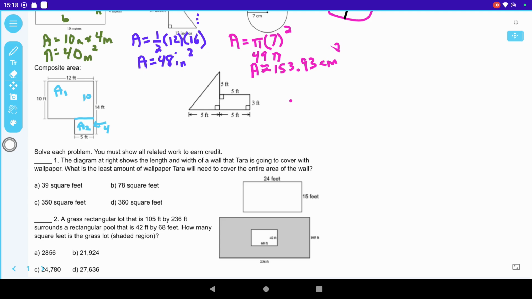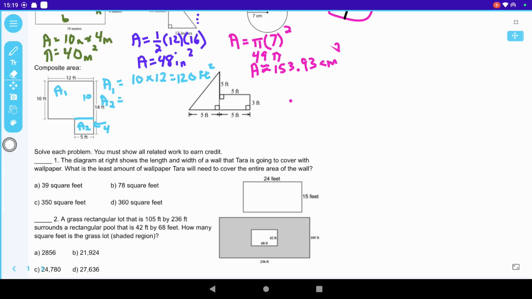And so what we're going to do for a composite area, we're just going to add these areas together. So area 1 is going to be 10 times 12 because it's a rectangle, which is 120. And then we're talking feet, so square feet. Area 2 is the small one down here.